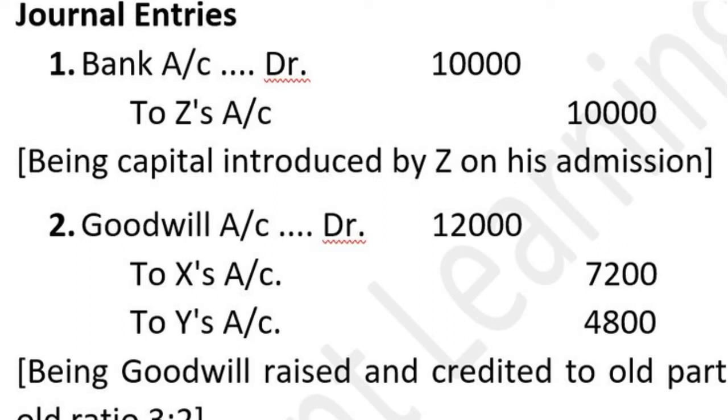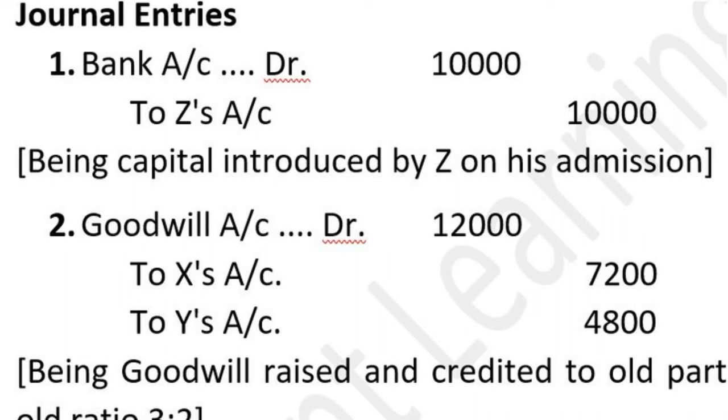Now, goodwill account debit to X account, to Y account. X is an old partner, Y is also an old partner. And we simply divide the full value of goodwill in the old profit sharing ratio, that is 3:2.